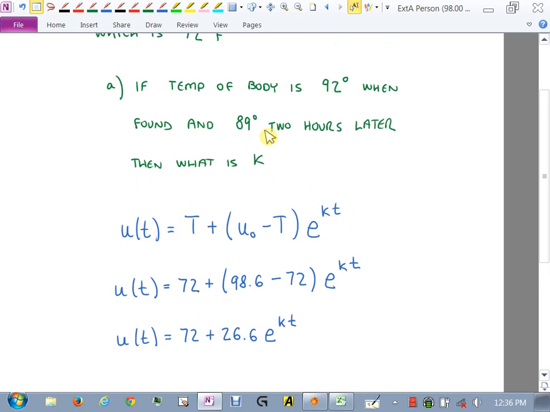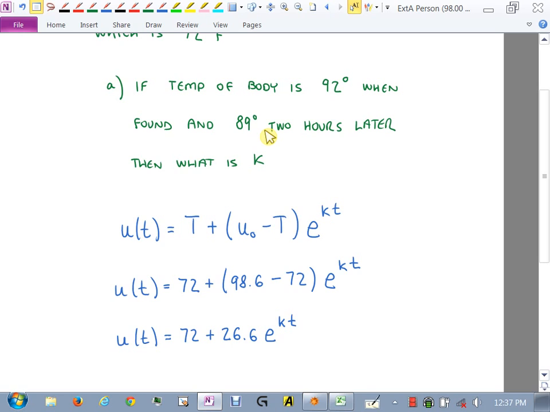Okay, so 2 hours later, t could be 2. See, this is the part we have to be careful with. What does t equals 0 mean? That's when they died, right? I don't know when I walked in there, do I? I don't know how many hours later I walked in. What I do know is 2 hours after that, I'm able to measure the temperature again.